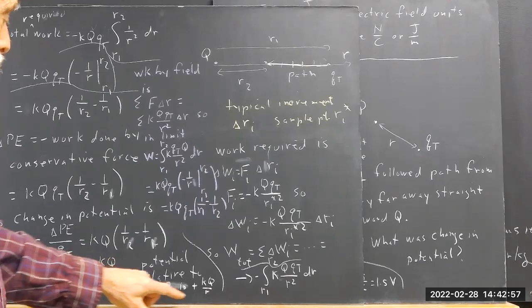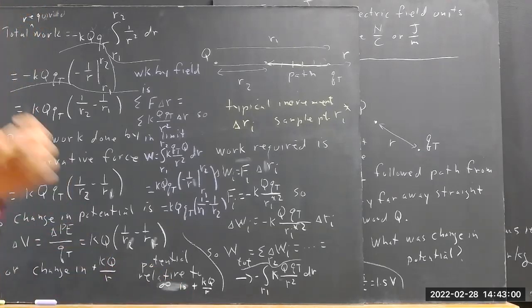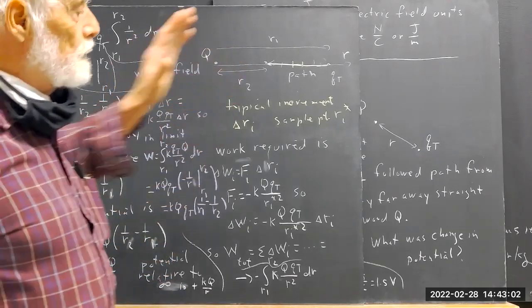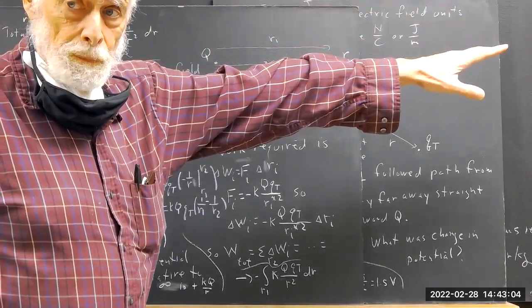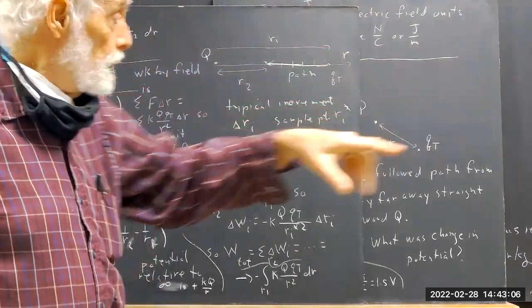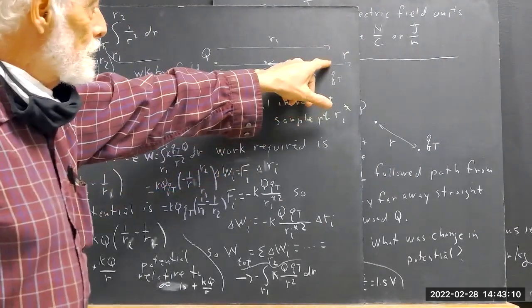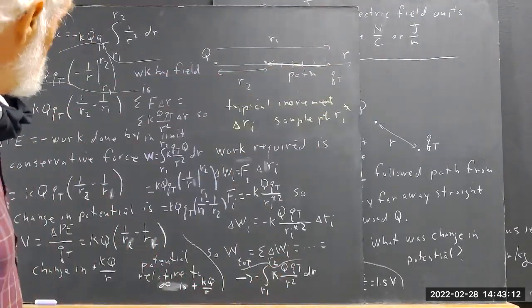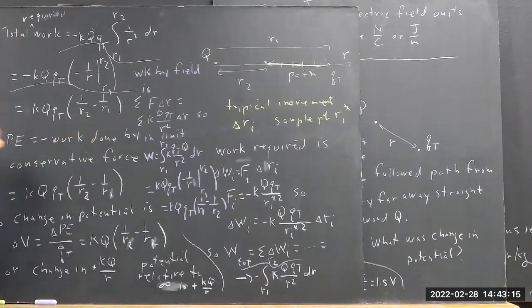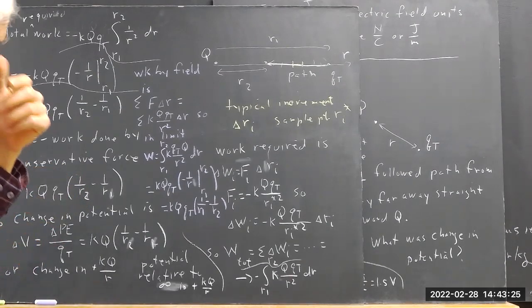So this would be correct because relative to infinity means you start from a very large distance, as large as necessary to make your 1 over R1 essentially 0. Then your change of potential energy is 1 over R2 times K big Q QT.